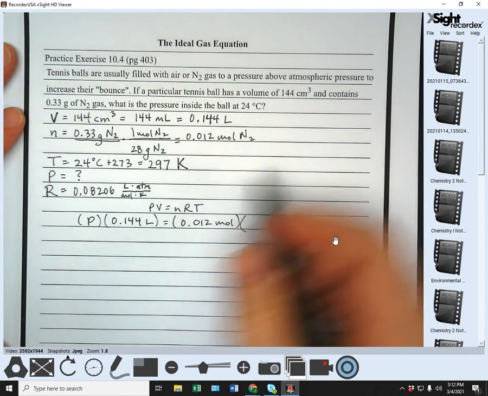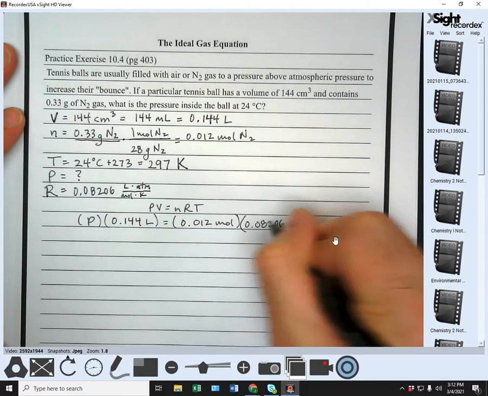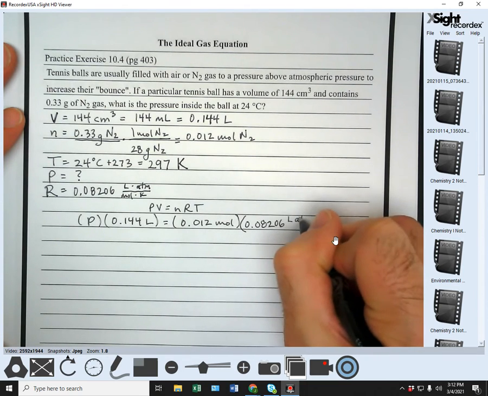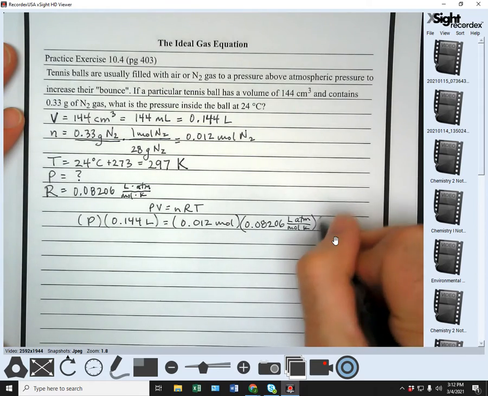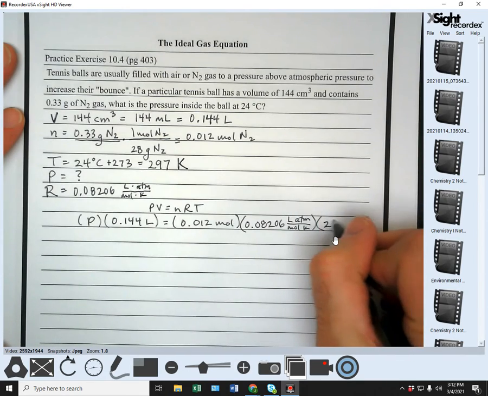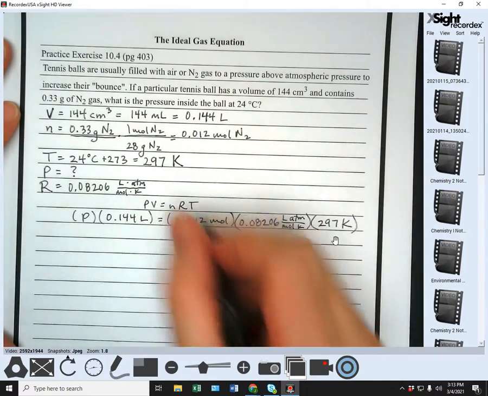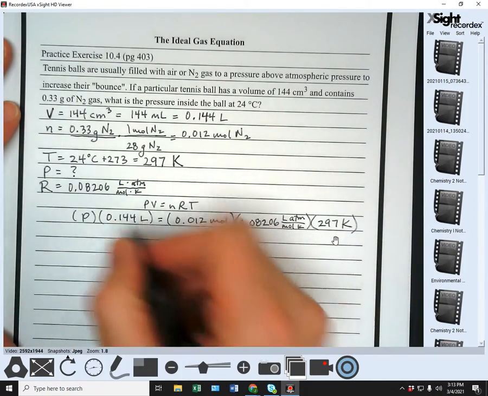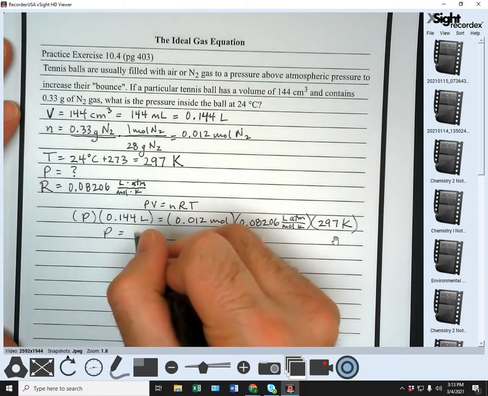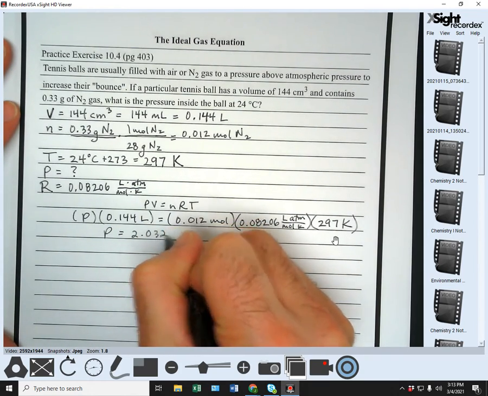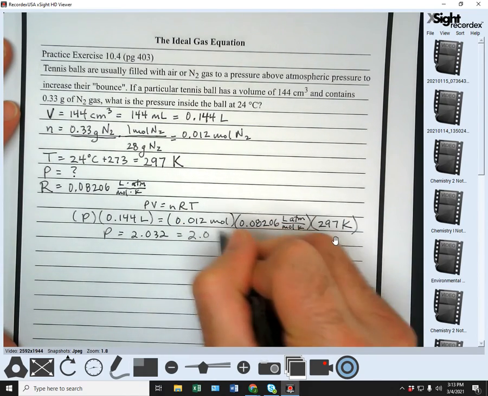The R factor we're using is 0.08206 liters atmospheres over moles K. And our temperature is 297 K. So we multiply these, divide by that, we get a pressure of 2.032, which with significant figures would be 2.0 atmospheres.